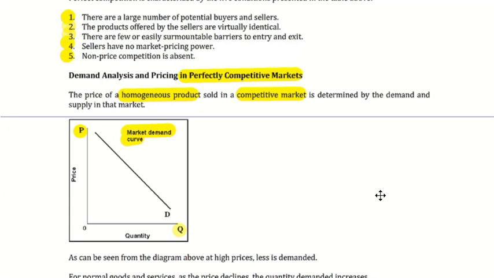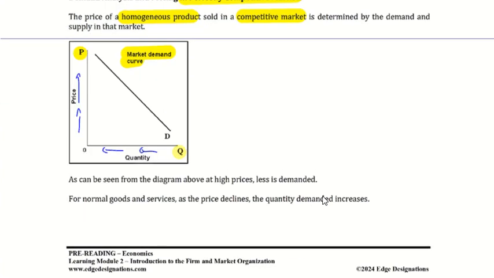It's quite strongly determined by the demand and supply in the market. As price moves up, quantity moves down. Hopefully everybody can see the inverse relationship between price and quantity.